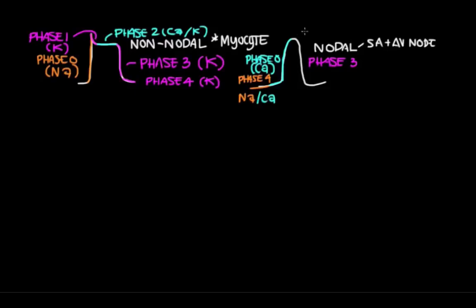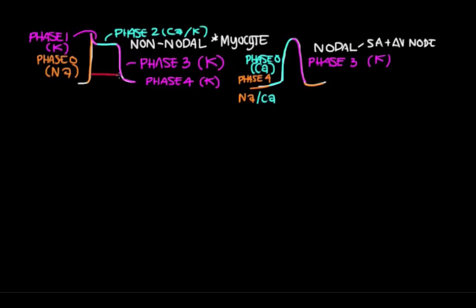There's no phase 1 and phase 2, so we go automatically into phase 3, which is this repolarization phase. And this is mediated by a bunch of opening potassium channels. And eventually we're back down to phase 4, where we have the sodium channels again opening slowly. So again, these two action potentials not only look different because there's no phase 1 and phase 2 in the nodal action potential, different ion channels are open during different phases.